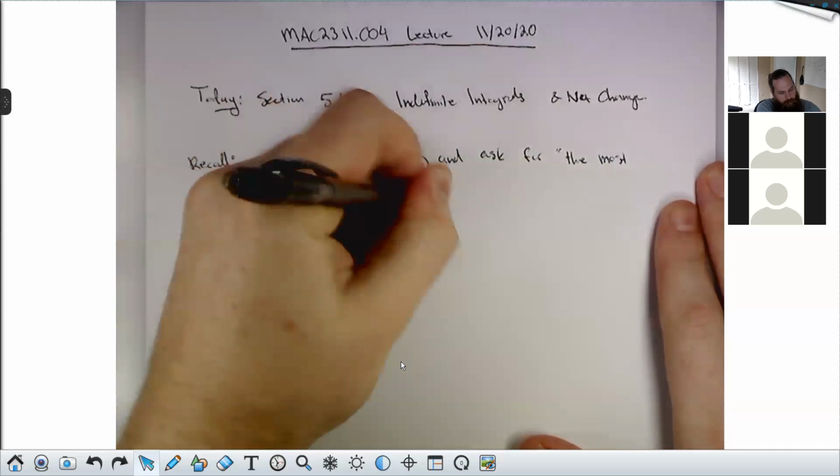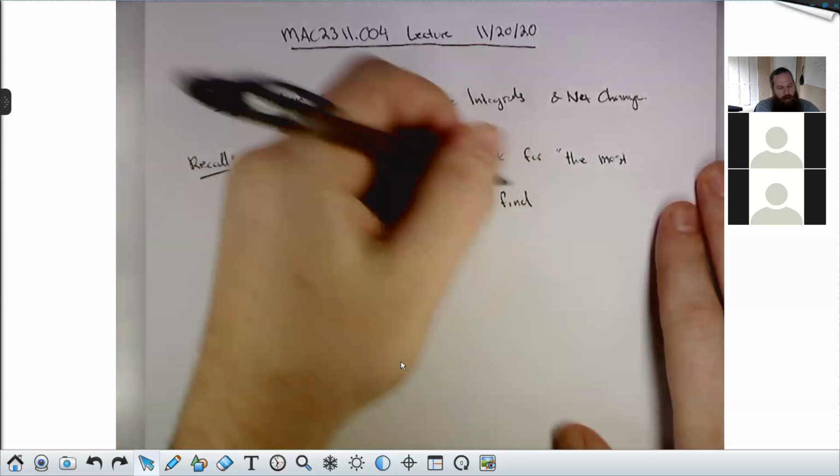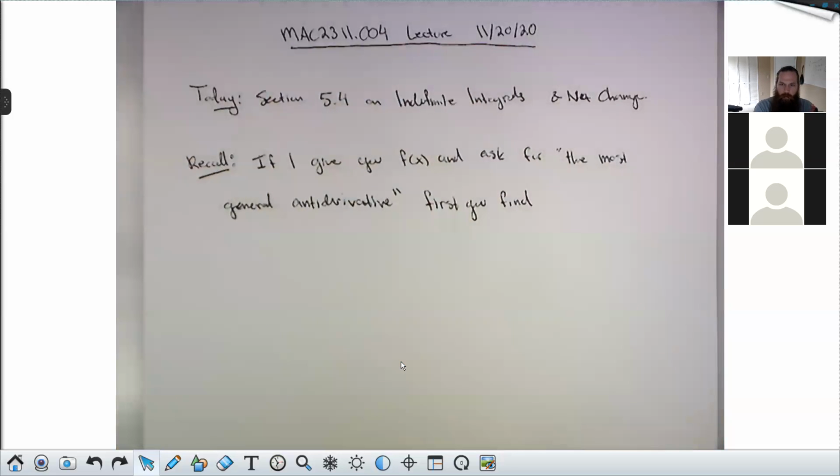first, you find kind of a core antiderivative, right? Like you apply your power rule or your rule for exponentials or whatever you remember for trig functions.